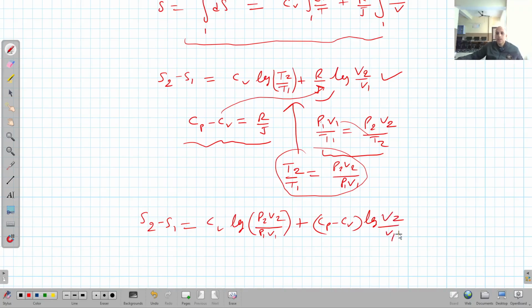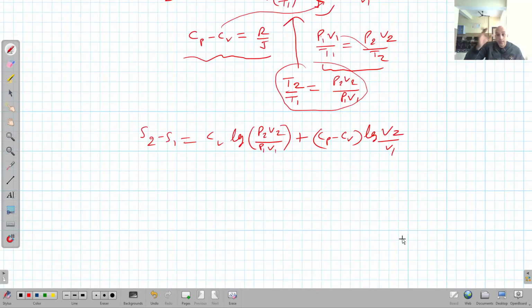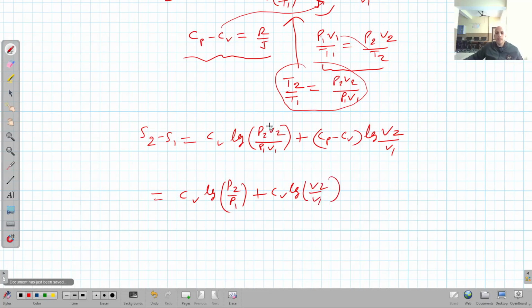So when you expand this, you will get Cv log of P2 upon P1, clear, plus Cv log of V2 upon V1. How? Because they are multiplications: P2 V2 upon P1 V1. So I separate them, and in terms of log it will become plus here.